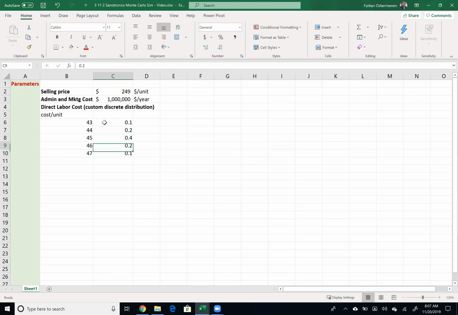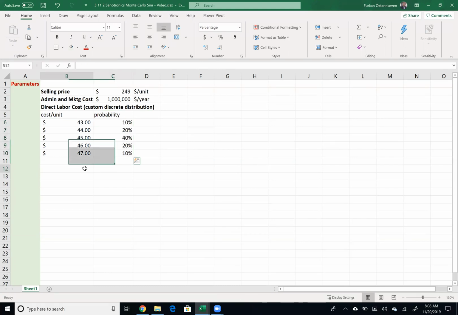These are the probabilities associated with each cost. Again, we should come up with this based on historical data. All right, so these are dollars, and these are probabilities or percentages for direct labor cost.